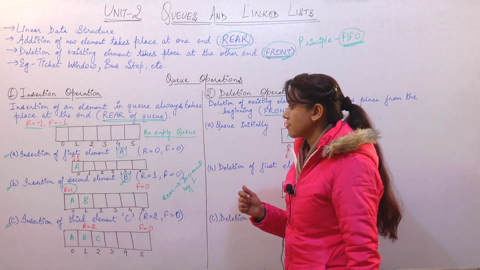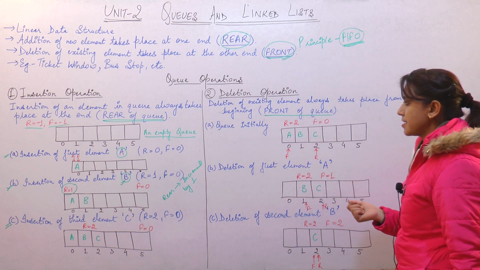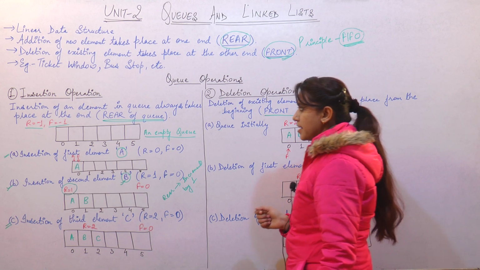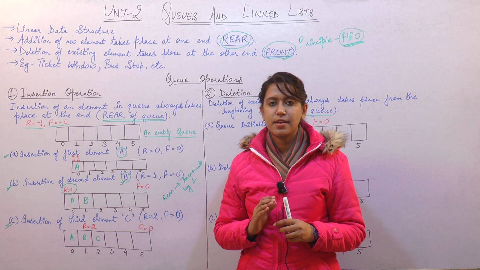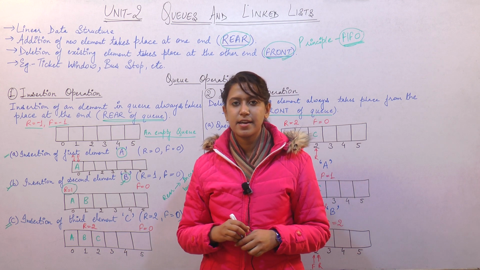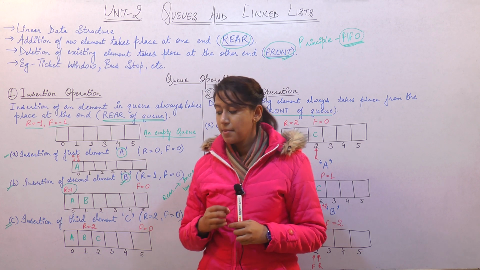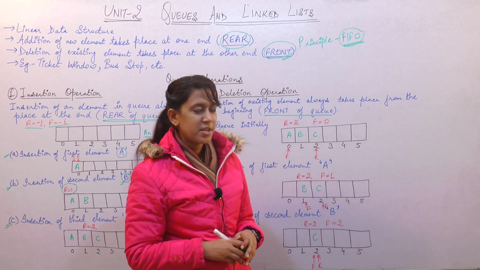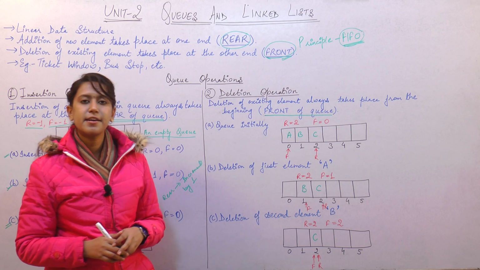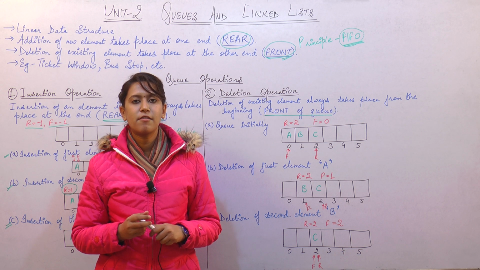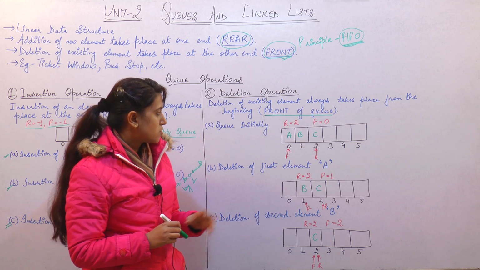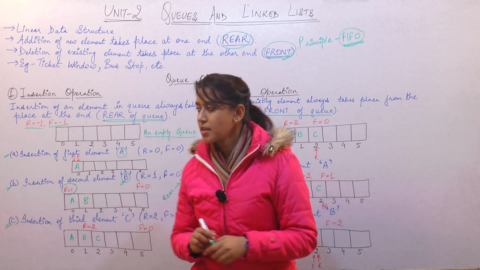The points that we should always keep in mind are: in insertion operation, the value of front end will never change, but the value of rear end will always increment by 1. But in deletion operation, the value of rear end will remain unchanged, but the value of front end will always increment by 1.